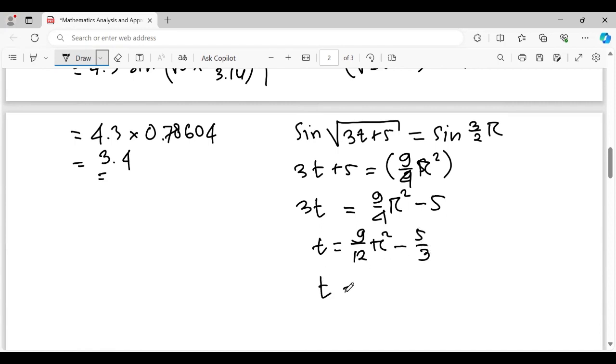So t equals 5.73533. Or sorry, it should be 5.73553.